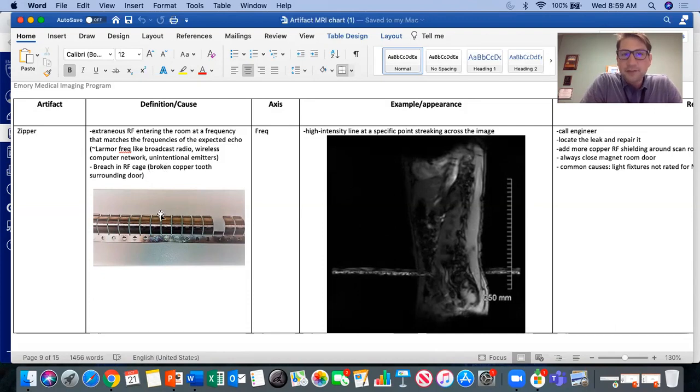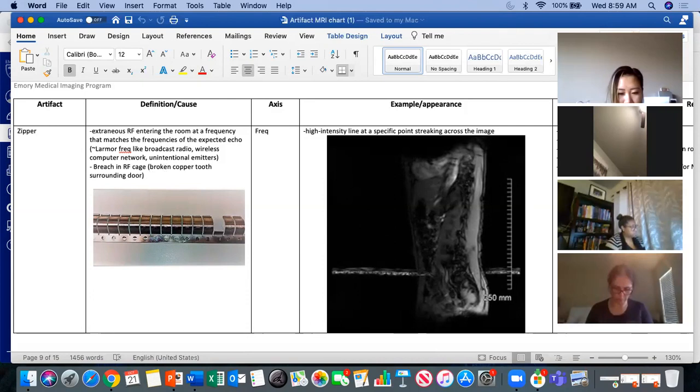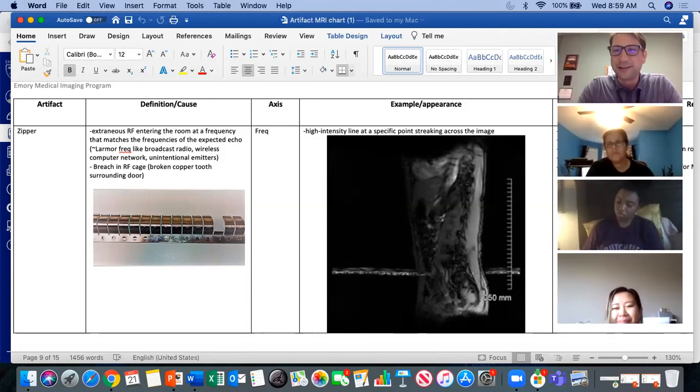So it's really important that you guys check and make sure that the Faraday cage is as enclosed as possible. A lot of the technologists really check those copper teeth that surround the door. And remember, when you enter an MR room, you always probably go, man, why is it so hard to get into this door? It's a heavy door.